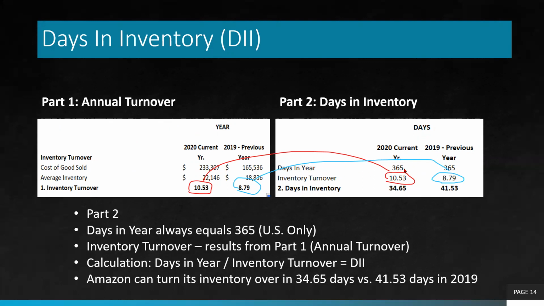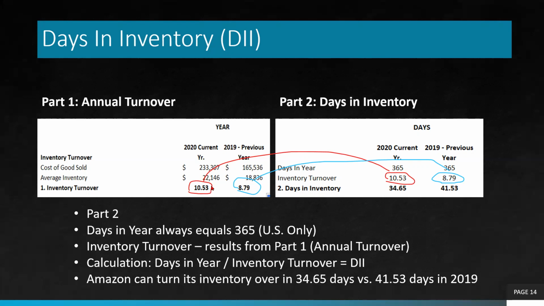And for days in a year, you're going to use 365. That's something the US uses. In most other countries, you use 360. If you wanted to find out in a quarter, you would use 90 days. So we're calculating how many days it takes Amazon to turn over its inventory, and therefore we're using 365.